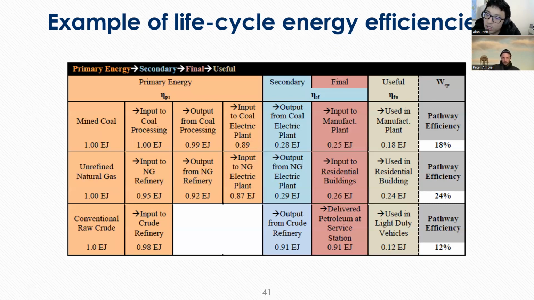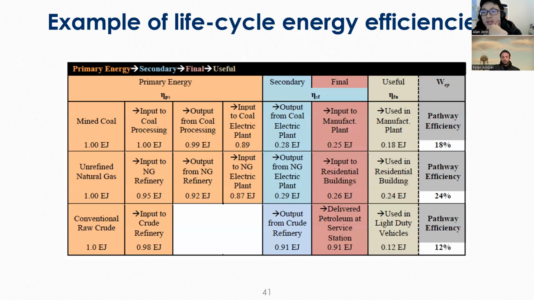If you look at the input versus output size, it gives you some indication of where you're getting the most energy losses. From here to coal processing, you lose 0.01 exajoules. From here to here, you lose 0.1 exajoules.